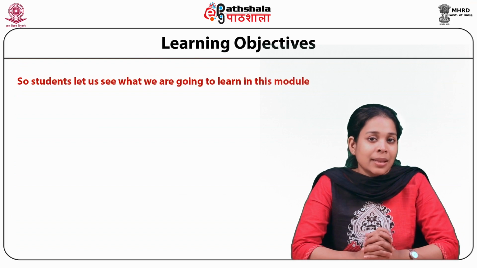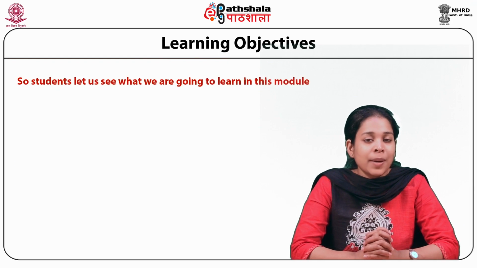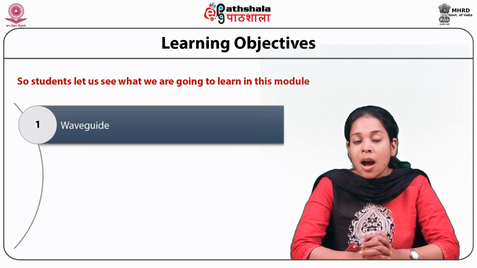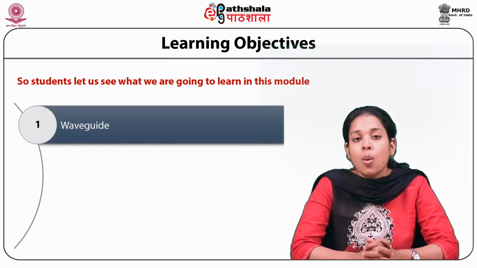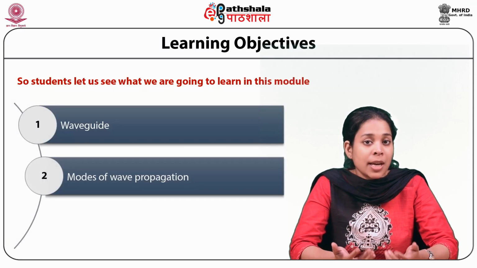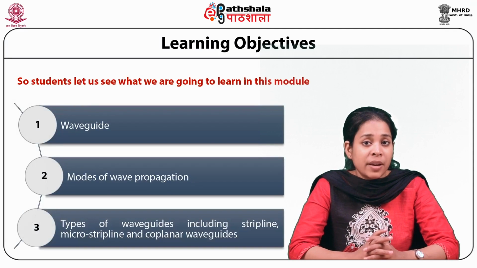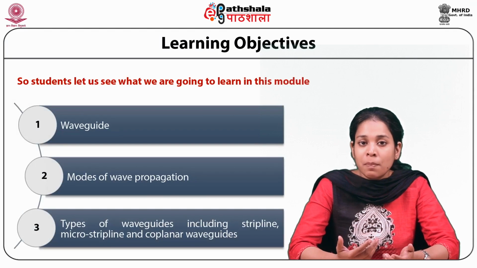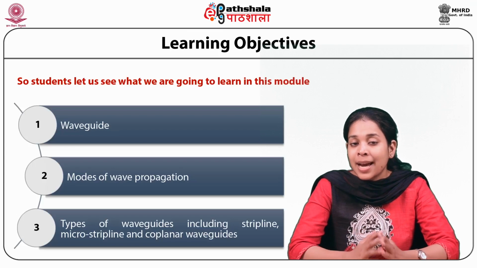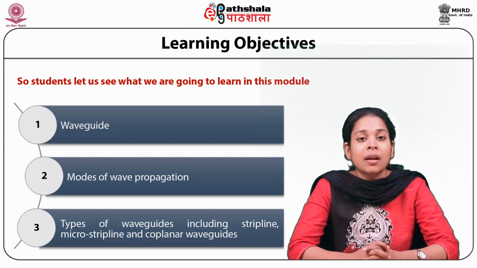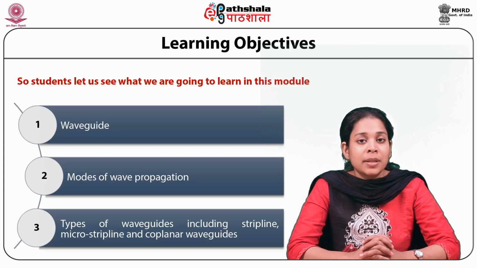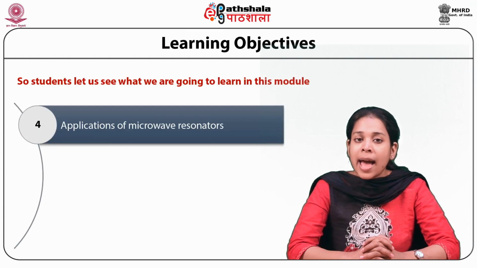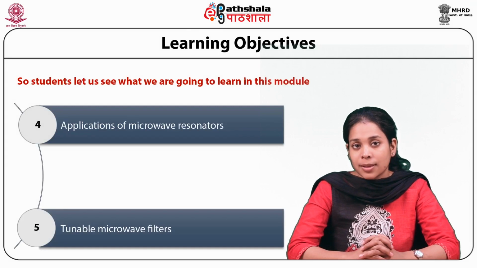After studying this module, you all should be able to understand what a waveguide is, how the wave propagates, what the different modes of propagation are, and the types of waveguide resonators including strip line, microstrip line and coplanar waveguide, that is CPW mode. After that, we will be discussing the applications of microwave resonators and tunable microwave filters.